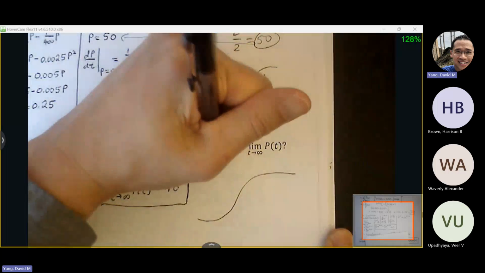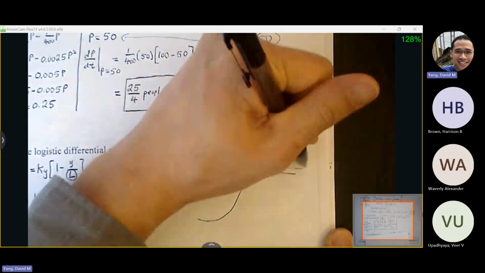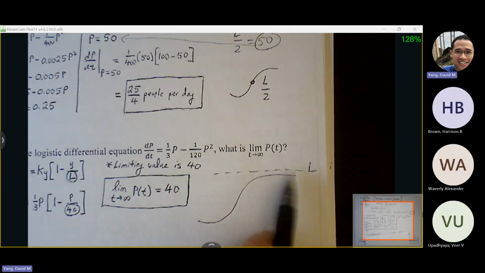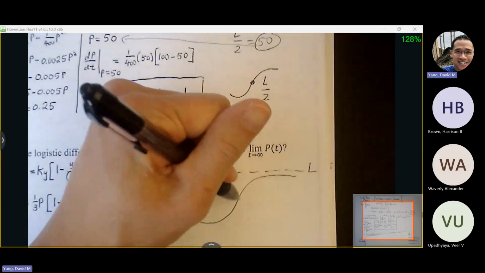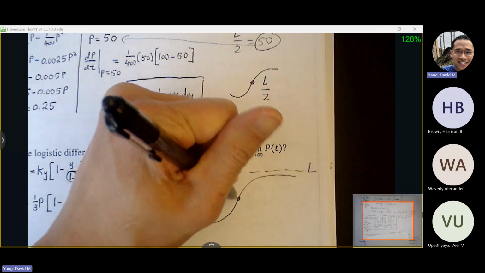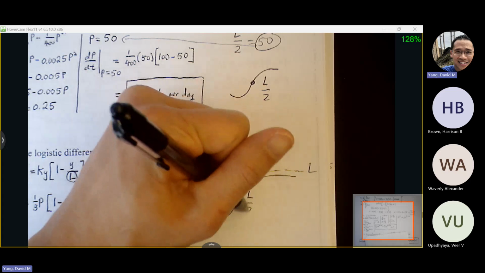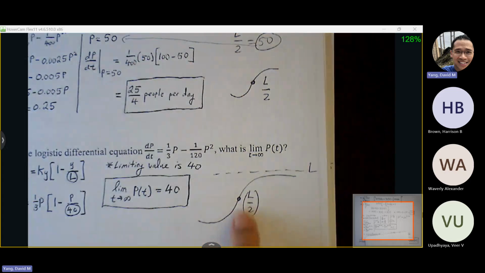Your L is always going to be where your limit is as we approach infinity. It's going to be that flattening out. And then the greatest rate of change is going to be when your limiting value, your max value, divided by 2 is when the growth rate is going to be at its peak or maximum growth rate.